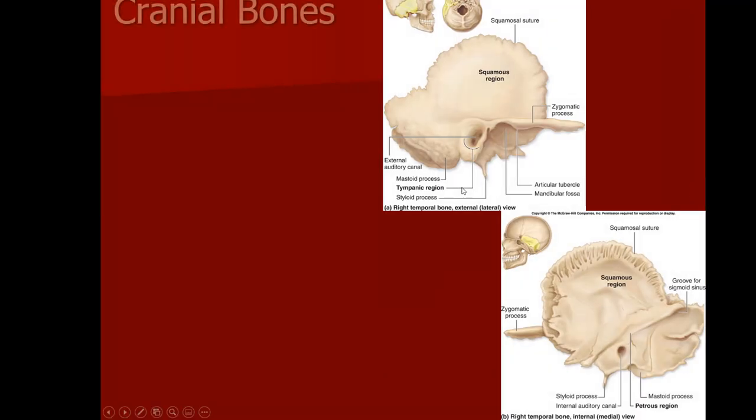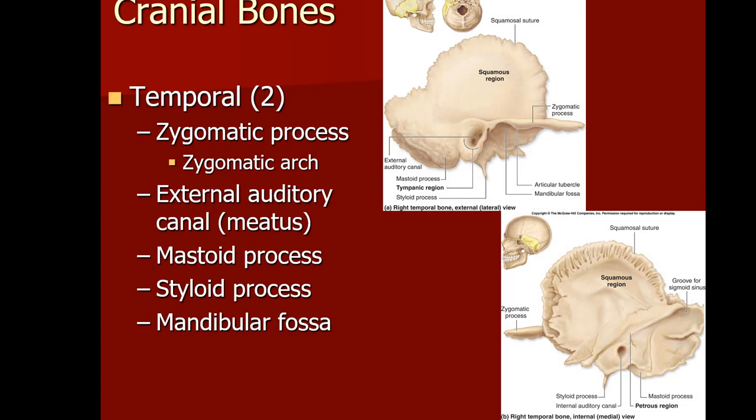If we go to a picture like this where it's separated, you can actually see the mandibular fossa a lot more clearly. It's this little indentation right here. Then just to recap some of the things we already said: the zygomatic process, which helps make up the zygomatic arch, external auditory meatus or canal, mastoid process, styloid process.